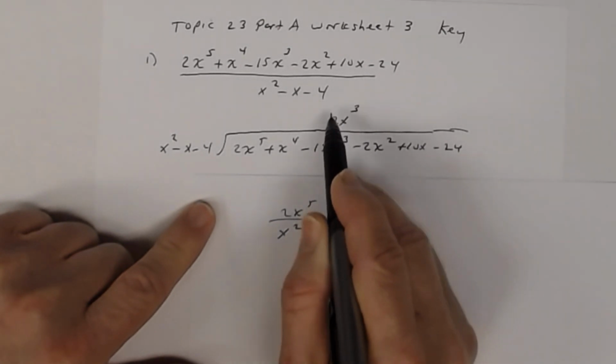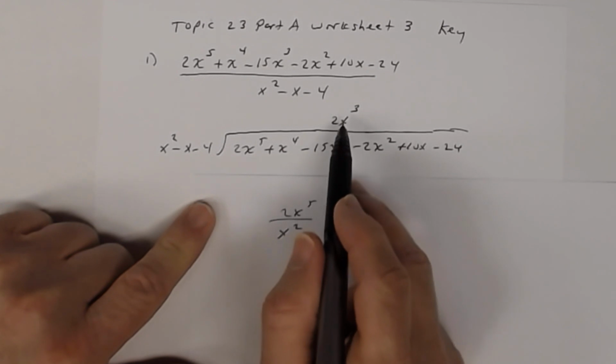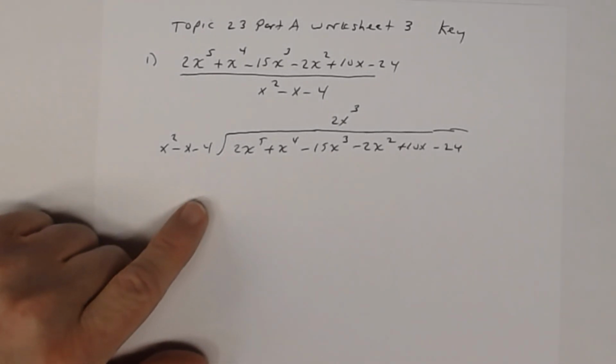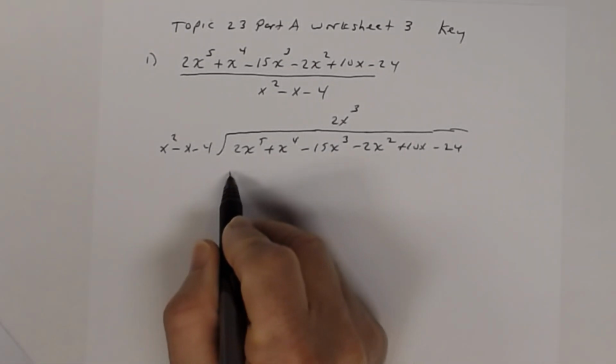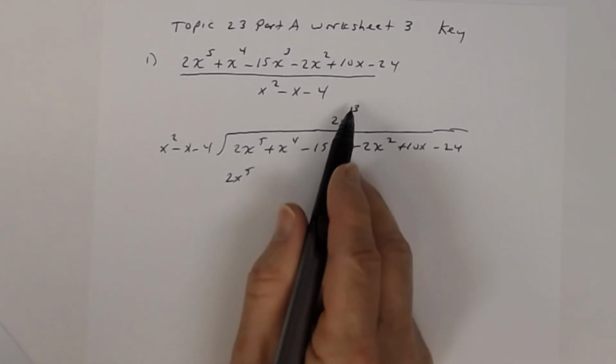And then you take what you just wrote and multiply by all terms of your divisor. So 2x cubed times x squared is 2x to the fifth; when you multiply like bases, you add exponents.